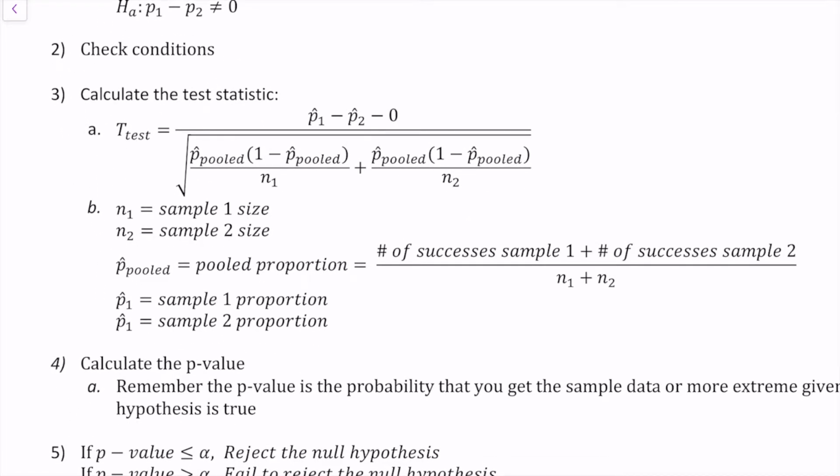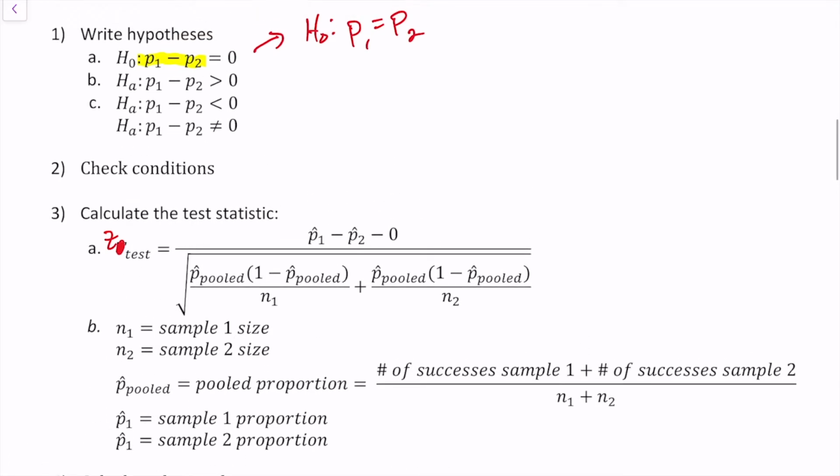This is a formula. We need to calculate, I'm sorry for all the typos here, the test statistic, which is going to be a z statistic here. The test statistic is p1 hat minus p2 hat minus 0. So I'm taking the difference between the two and subtracting away my hypothesized value, which is going to be 0 for us. All of these are zeros.